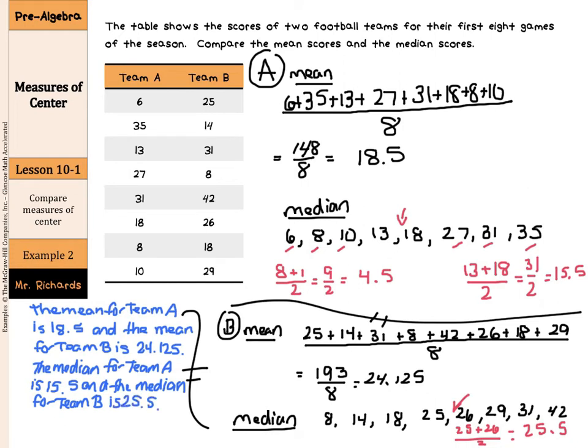And now we come down to our concluding statement. If we look at both the means and the medians for the two teams, team A is less than team B for both mean and median.